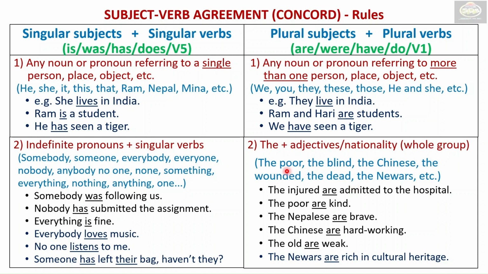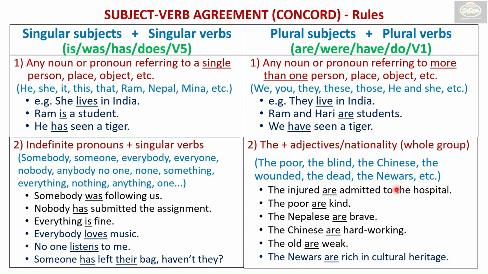For example, the poor means all poor people, the group of all poor people. The blind means all the blind people. The Chinese, yes, the people from China. The wounded, the dead, the neighbors.